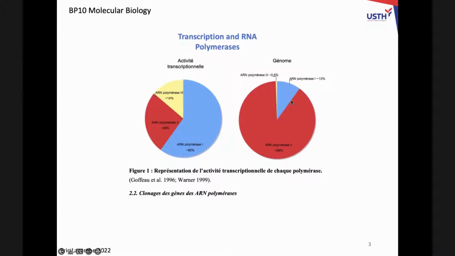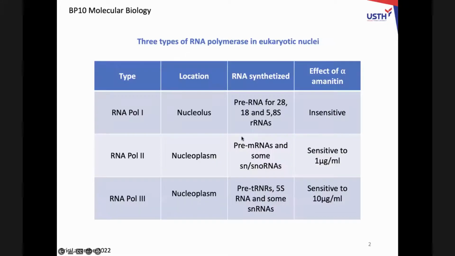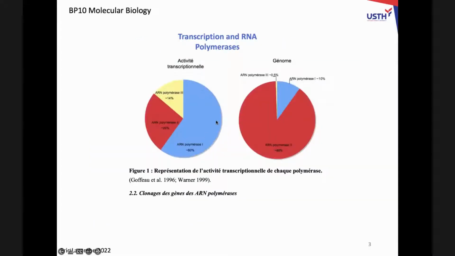Okay, so when we look back at the chart, Pol1, do you see what it is coding for? It's DNA for the 28S, 18S, and 5.8S RNA. Okay, so this RNA needs to be expressed at a very, very high quantity because they are part of the ribosomes, and the ribosomes need to be present in huge amounts in order to be able to do all the translation of the proteins.